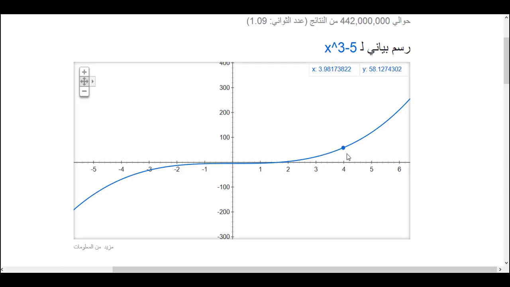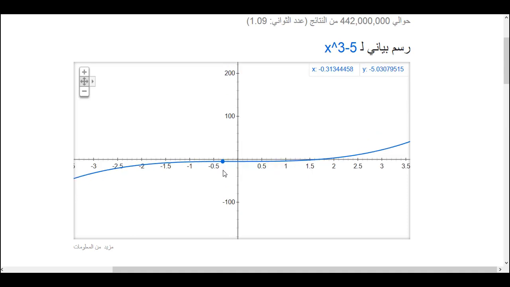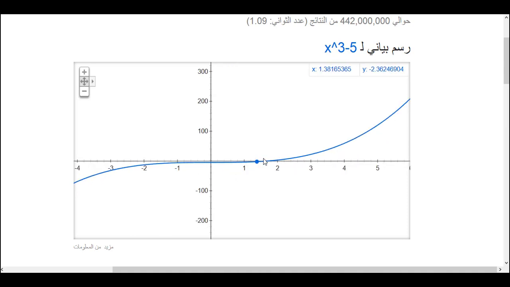As you see here, firstly I assumed that the root lay between the terminals minus 5 and 5, but the new value of x is 0. Here I have 0, and 5, and minus 5.